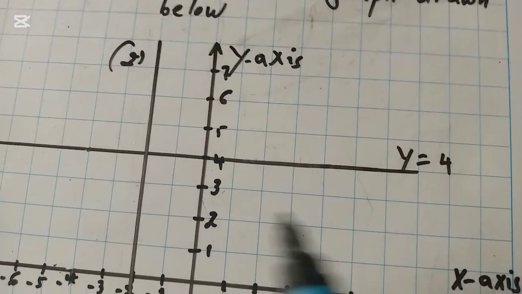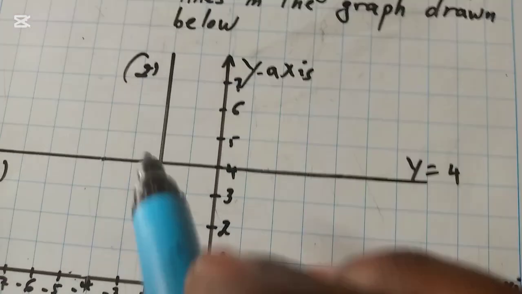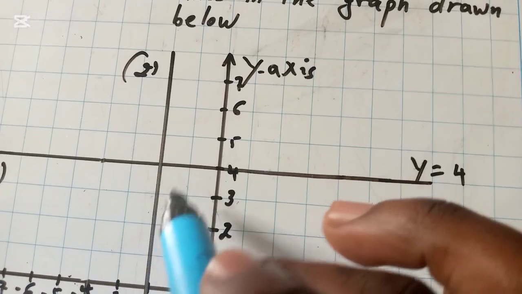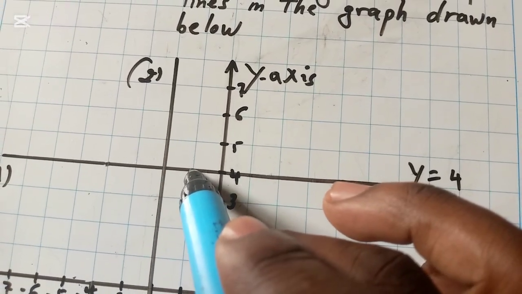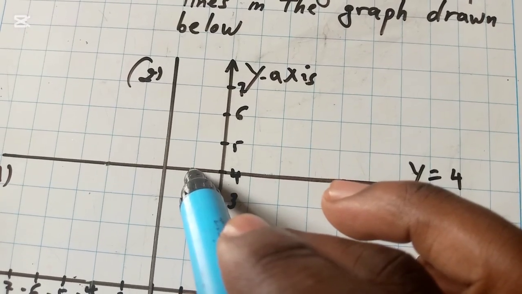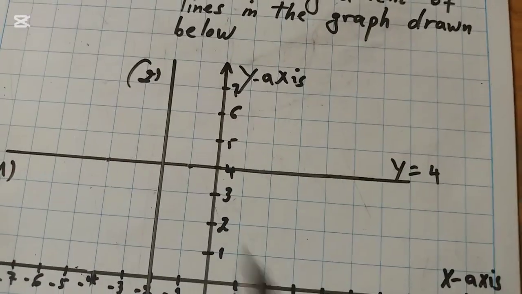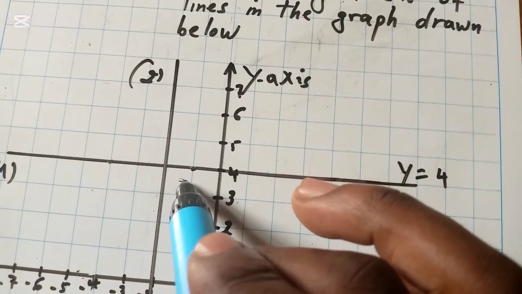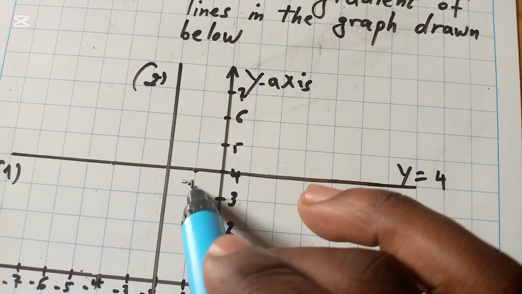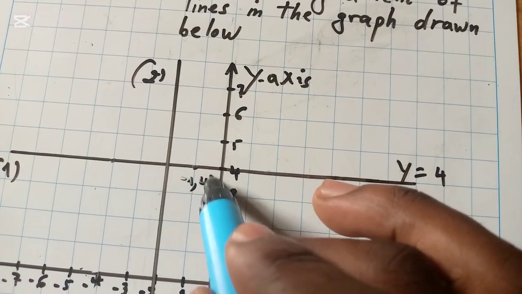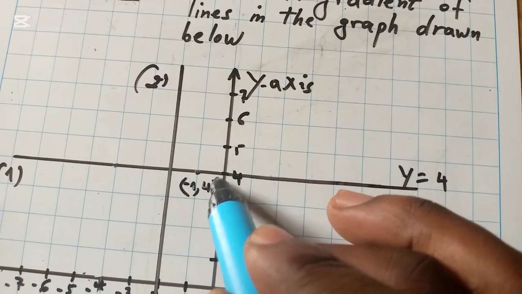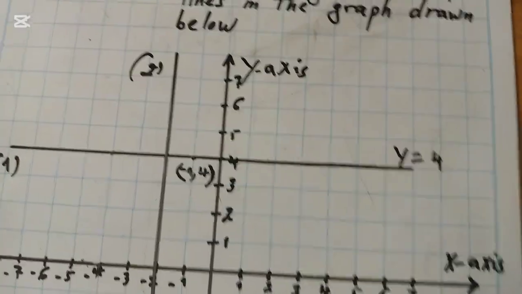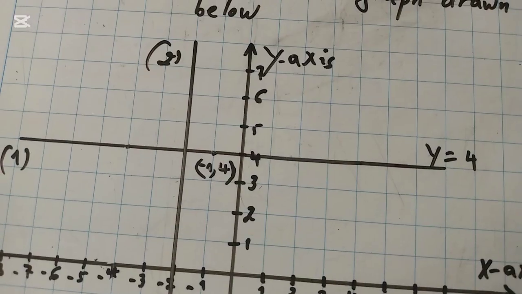Maybe let me take this point, which is -1 and 4. This is a point (-1, 4).